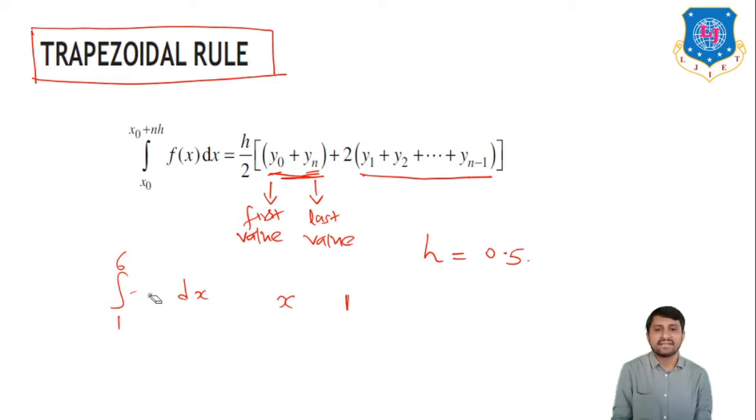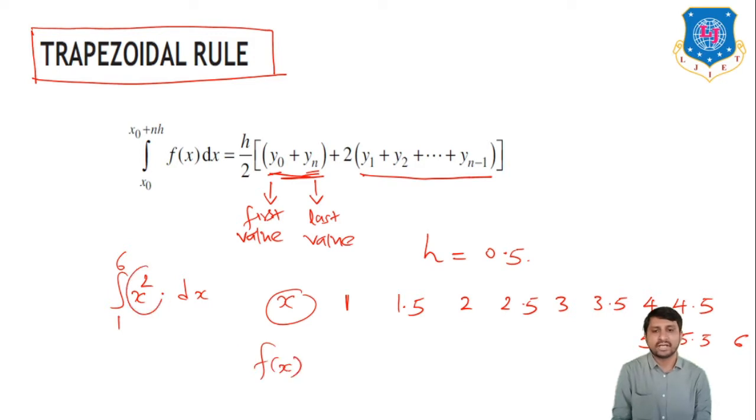We start with x equal to 1, so the values of x are 1, 1.5, 2, 2.5, 3, 3.5, 4, 4.5, 5, 5.5 and 6. Corresponding to this x you get f of x, which is x square: 1 square is 1, then 1.5 whole square, 2 square is 4, 2.5 whole square, 3 square is 9. So you will get all these values of y.